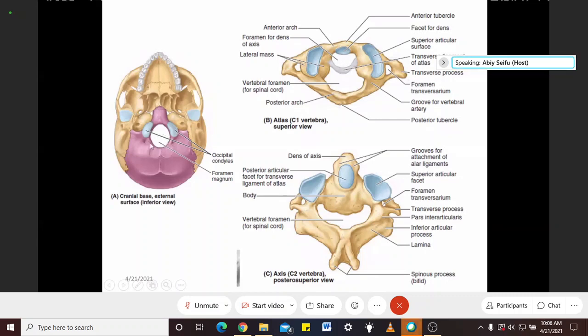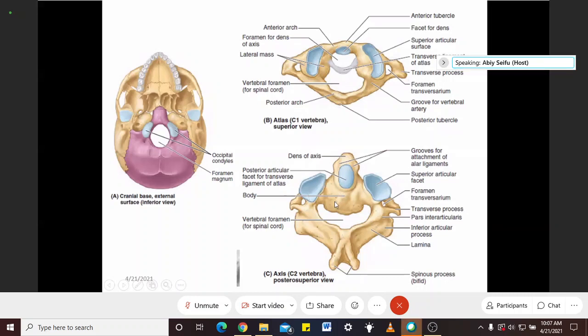This one is the foramen magnum, which continues with the vertebral canal, and the spinal cord exits through this foramen from the distal part of the brainstem and continues to the vertebral canal. Then this forms the atlanto-occipital joint, the condyle and the superior articular facet. Now there is also another articulation with C2. This one is C2.